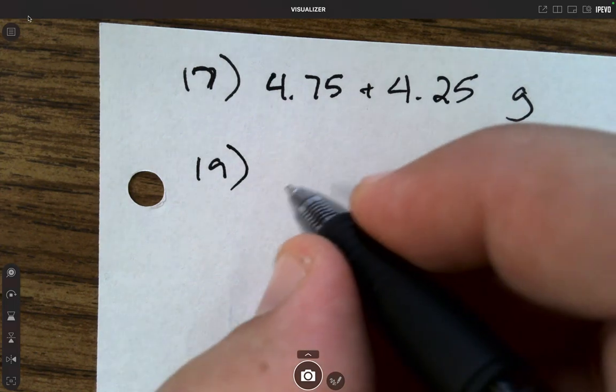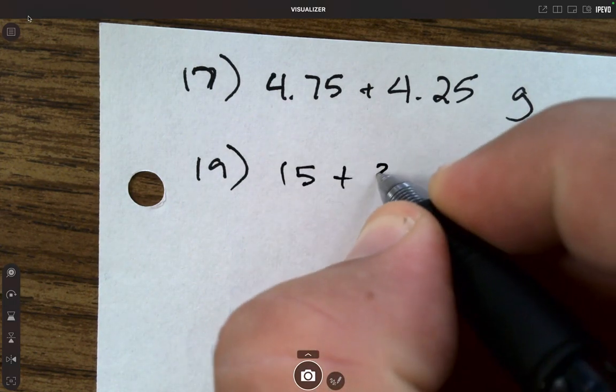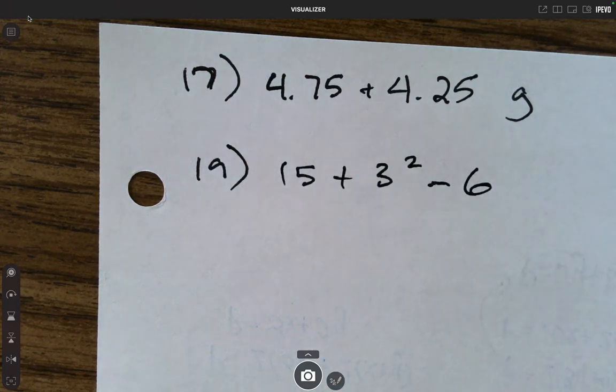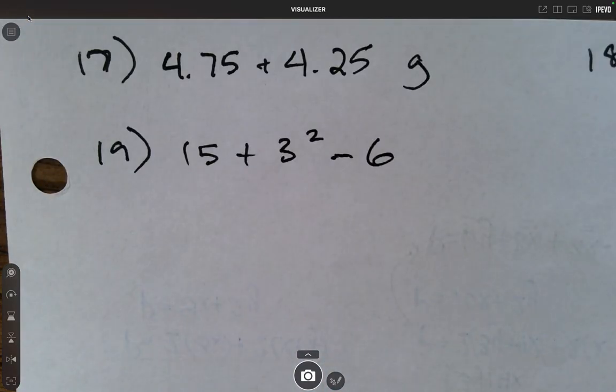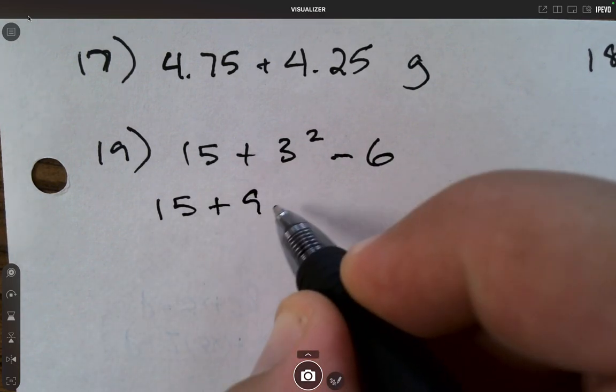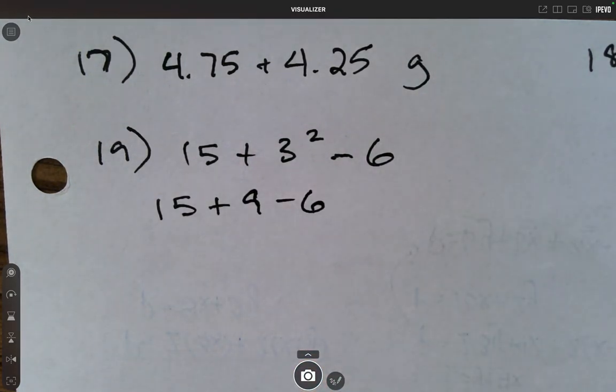19. 15 plus 3 squared minus 6. No parentheses, but there is an exponent, so we do that first. 3 squared is 9. And now there's no multiplication or division, so we're down to addition and subtraction. And you got to remember, we need to do that from left to right.